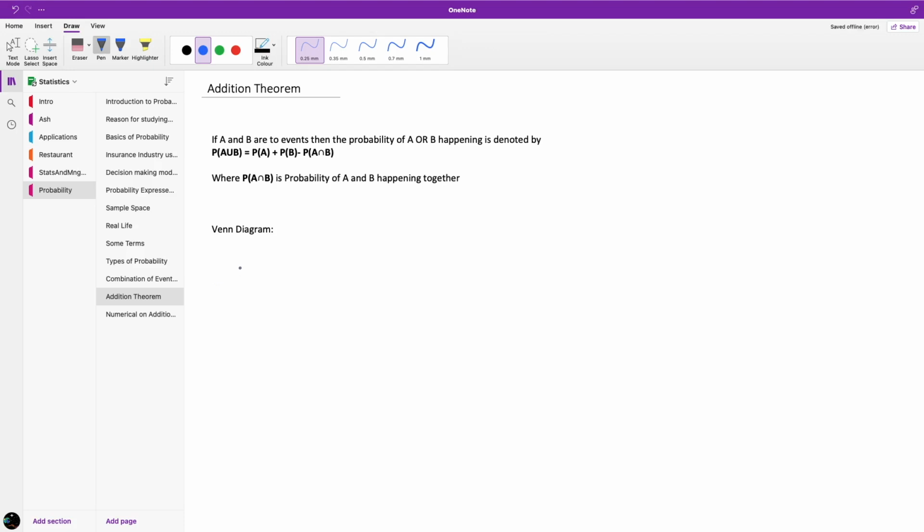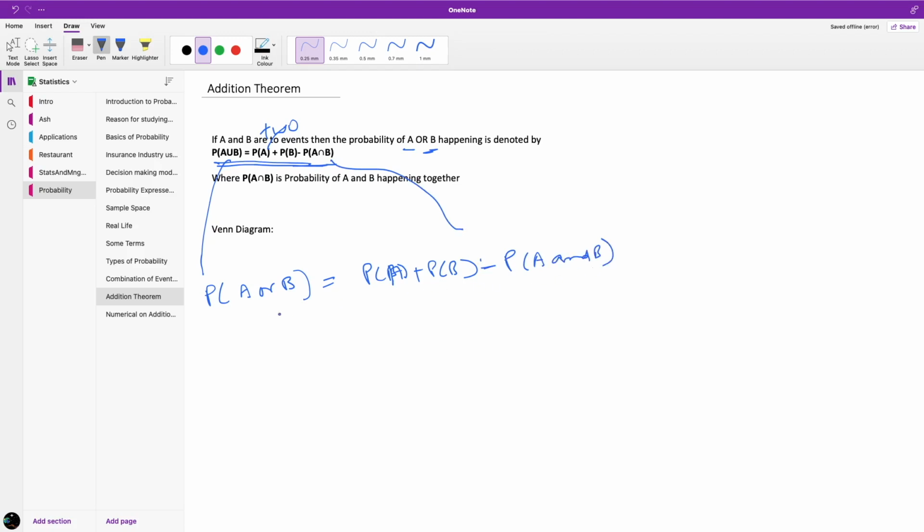If A and B are two events, then the probability of A or B happening is equal to probability of A plus probability of B, minus probability of A and B happening together. So this is the formula, and this is the addition theorem.